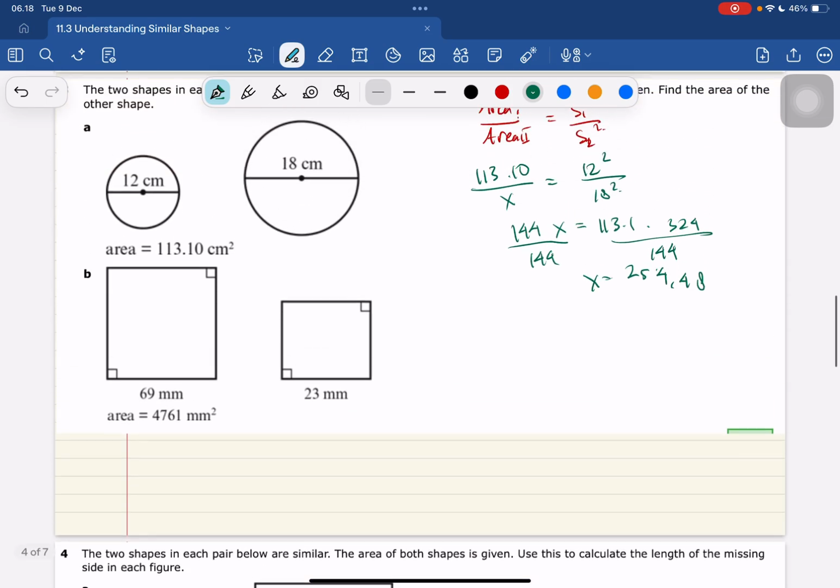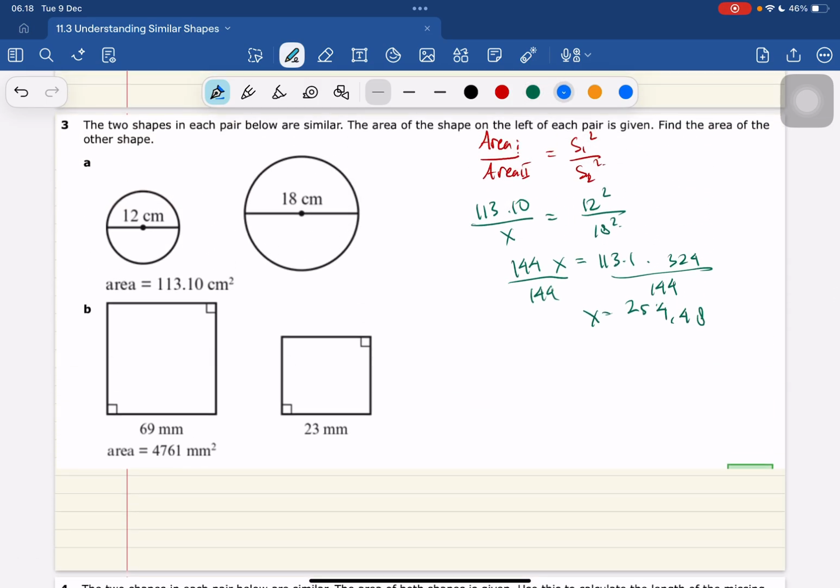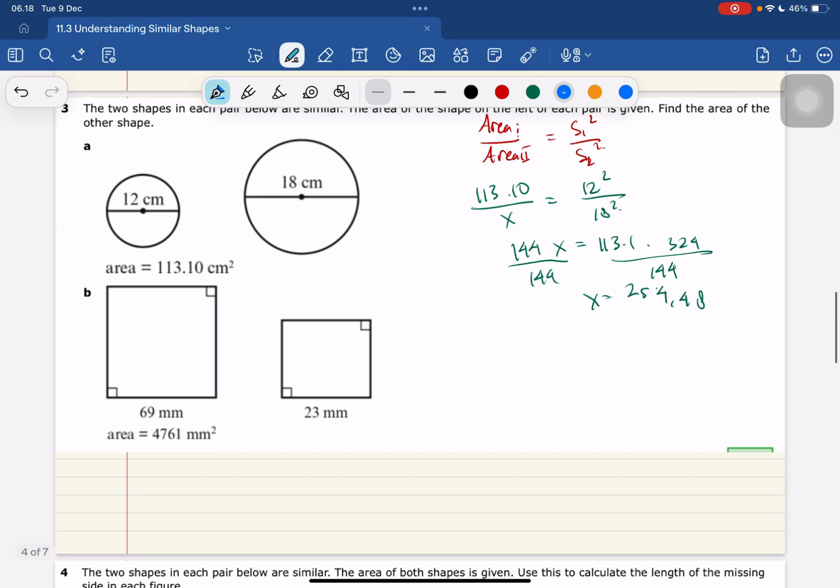Okay, here also it's still two dimensions, so we just square it. So we get 4761, and this area is x equals 69 squared over 23 squared. Okay, so 69 squared is 4761.